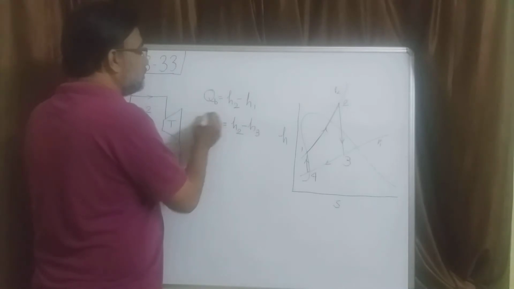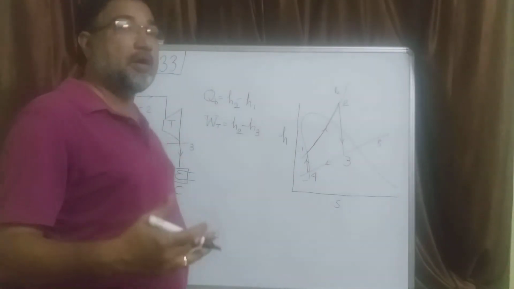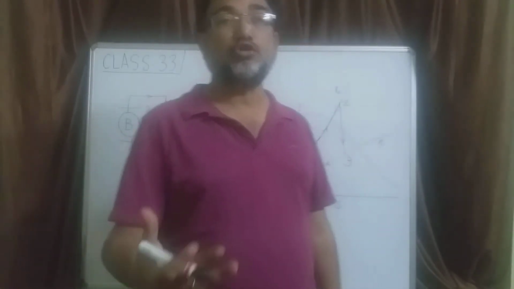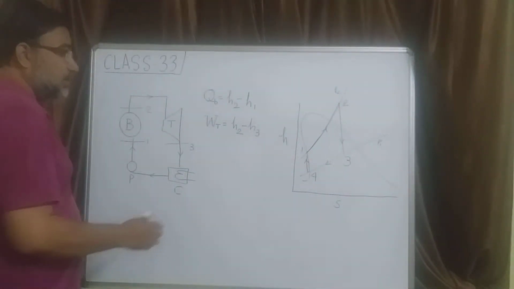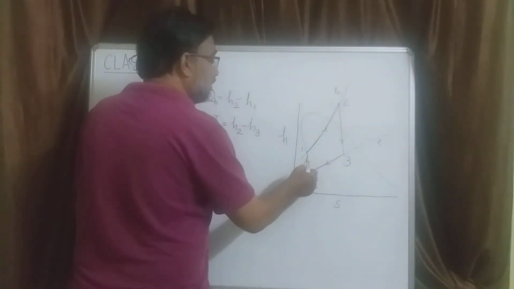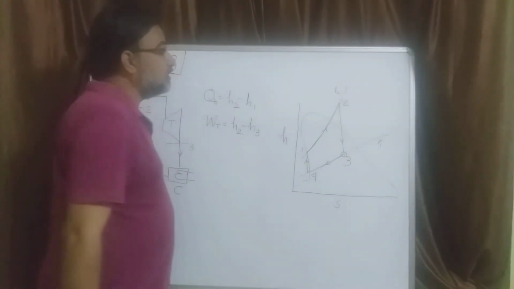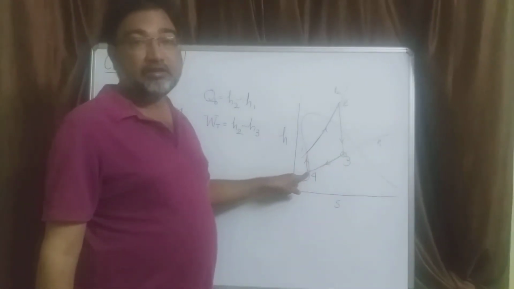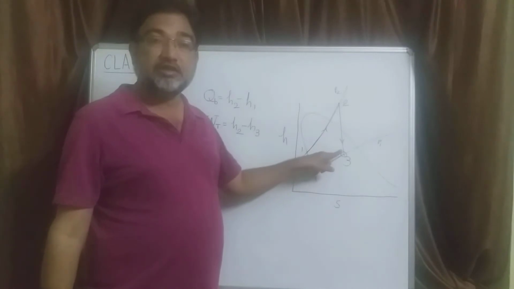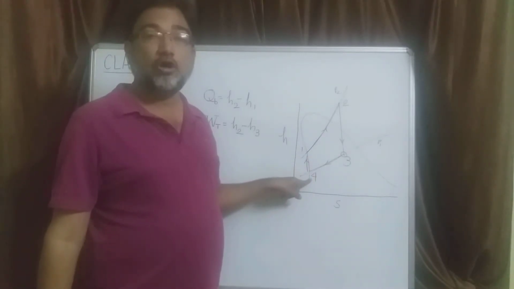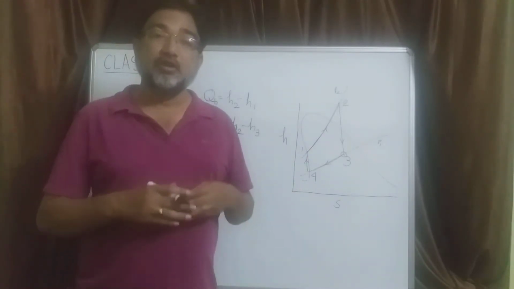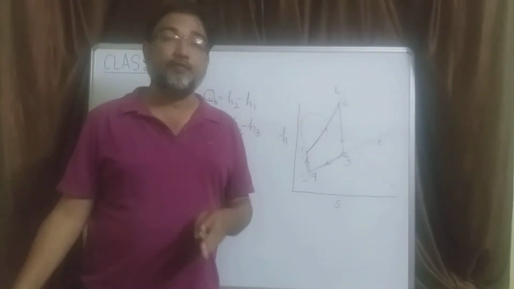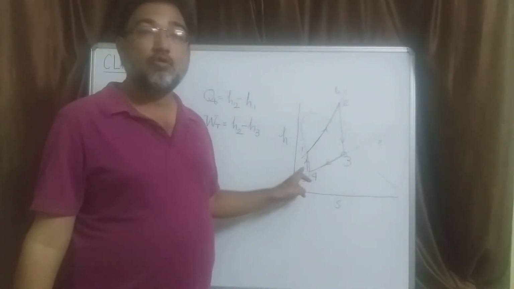This is the work output in the turbine, and you know the turbine is a power giving or work giving device. How much work does it give? H2 minus H3. Similarly, what happens in the condenser? While entering the condenser, the enthalpy content is H3. While coming out of the condenser, the enthalpy content is H4. So there is a drop in enthalpy, and this drop is nothing but the release or removal of heat, which makes the steam water.